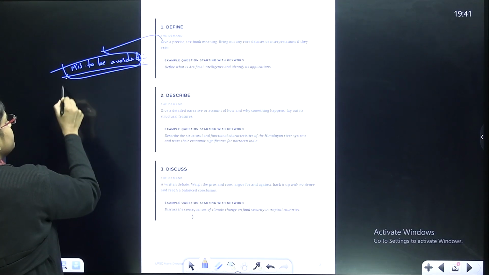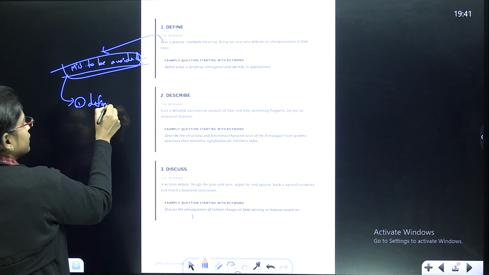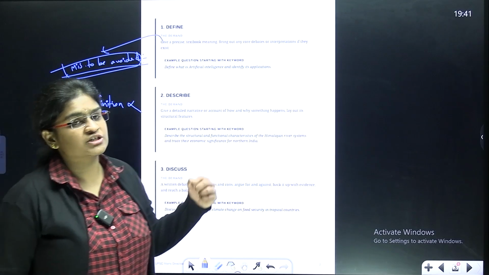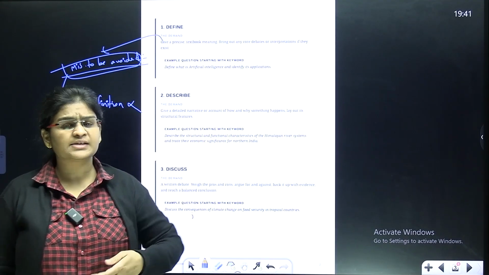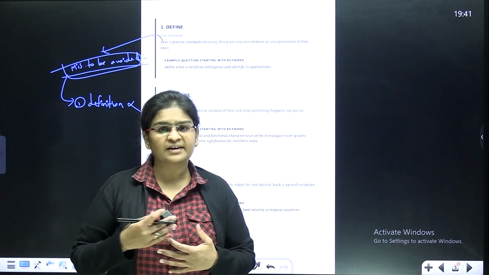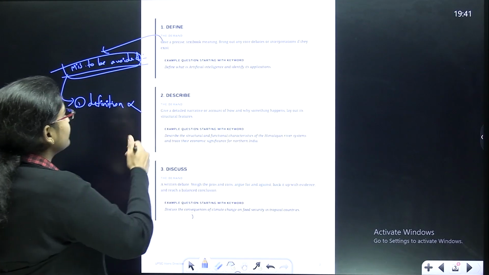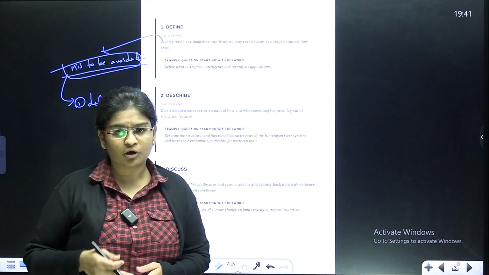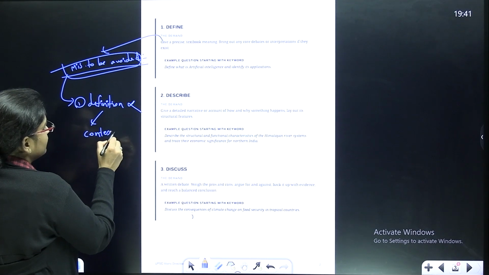The mistake to be avoided is not having a clear definition. If you are not aware of the definition, let's say here they have given the term artificial intelligence, or let's say they have given the term attitude from an ethics point of view, and I am not aware of the definition, then instead of writing a definition which is incorrect according to you and in which you have no confidence, try to write the definition in context.